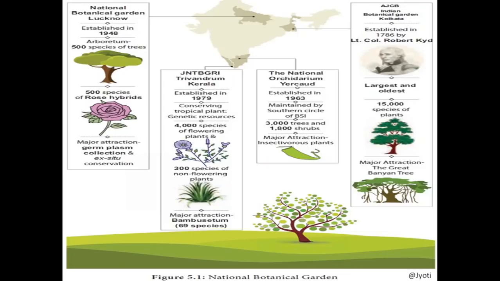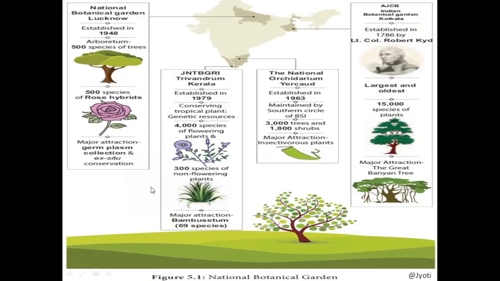And we are collecting and conserving ex situ. Ex situ means other than their natural habitat. तो obviously हम germplasm को ex situ conservation ही कर रहे हैं यहाँ पर. So it is the major attraction of this particular botanical garden of Lucknow.